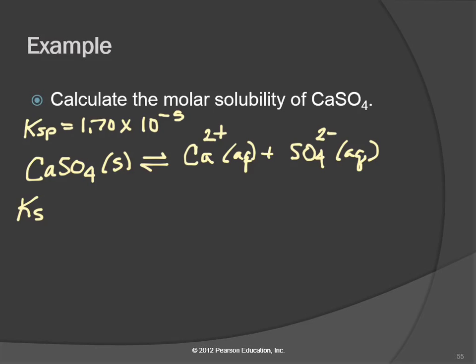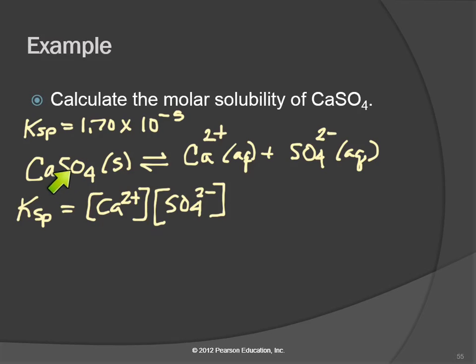And then we look at, well, what does KSP equal? It's the products over the reactant. Here the coefficients are 1, so we don't need to worry about the exponents. So that's the concentration of calcium ion times the concentration of sulfate ion. Calcium sulfate, the solid, is left out because solid concentrations can't change.